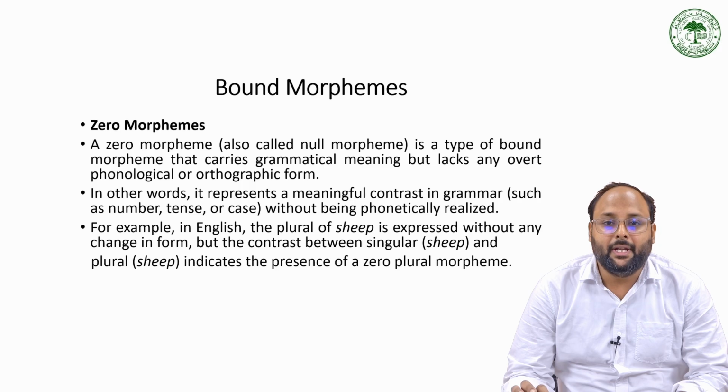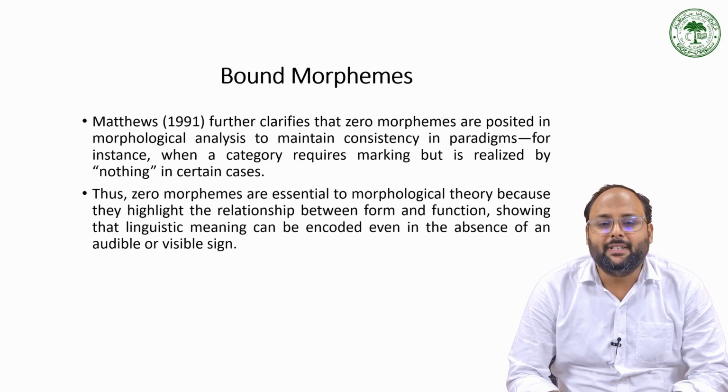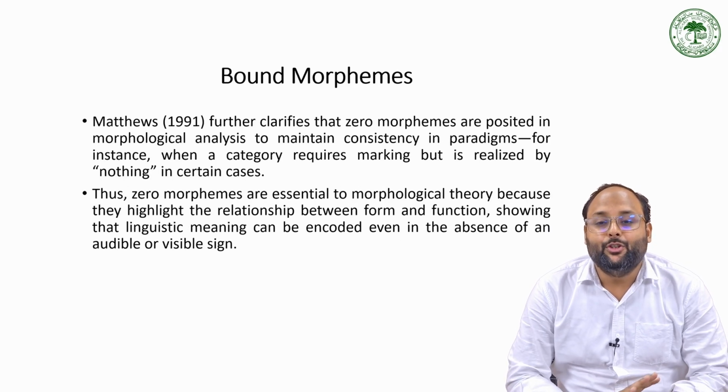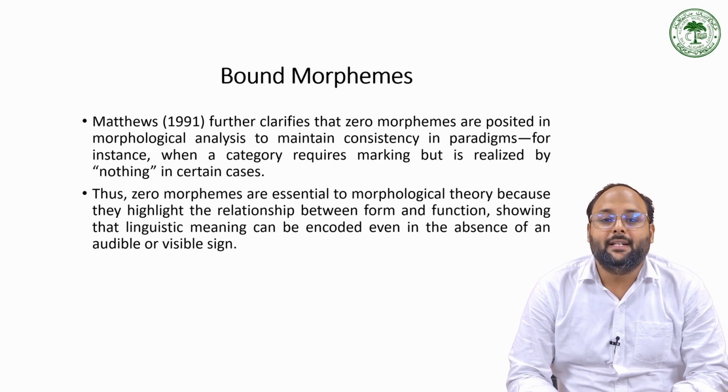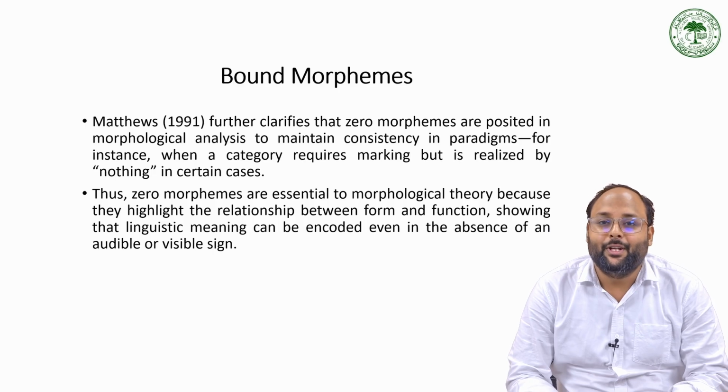Zero morpheme in English. Matthews further clarifies that zero morphemes are posited in morphological analysis to maintain consistency in the paradigm. For instance, when a category requires marking but is realized by nothing in certain cases. So you can again understand the zero morpheme: it is represented by nothing.